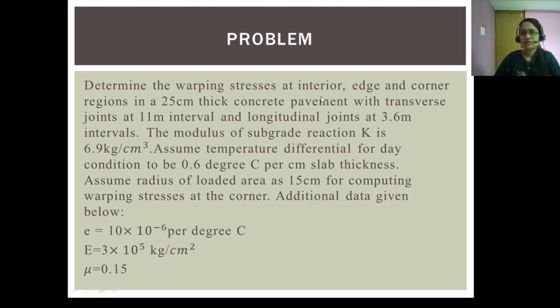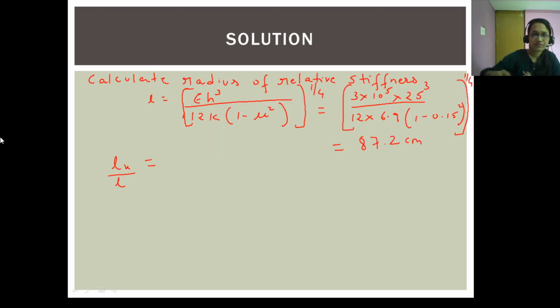Determine the warping stress at the interior edge and the corner regions in the 25 centimeter thick concrete pavement with transverse joints at 11 meter interval. So Lx will be 11 meter and longitudinal joints at 3.6 meter interval. So Ly will be 3.6.